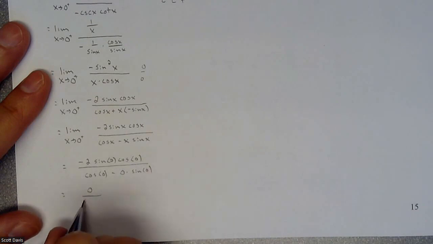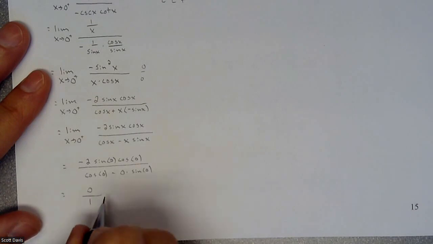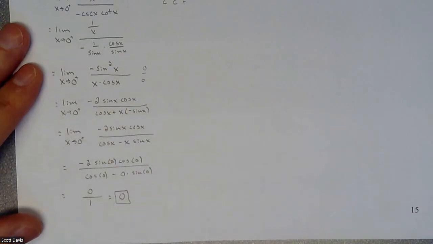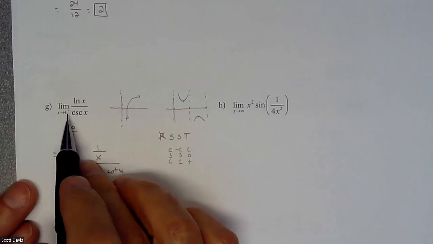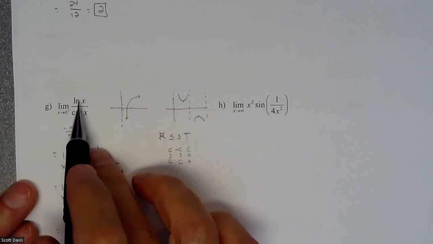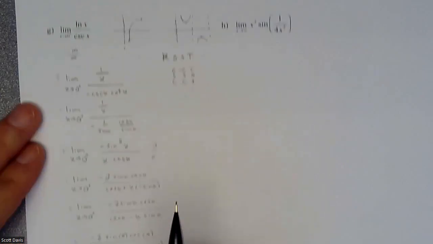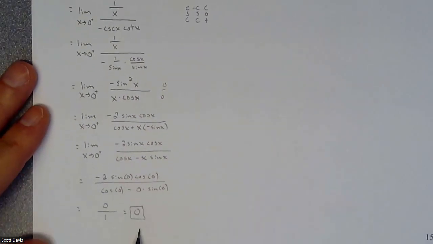Divided by cosine of 0 is a 1, minus 0, is 0 over 1, which gives us a final value of 0. So way back at the beginning, we were trying to find the limit as x approaches 0 from the right of the natural log divided by cosecant of x, and that limit would give us a 0.